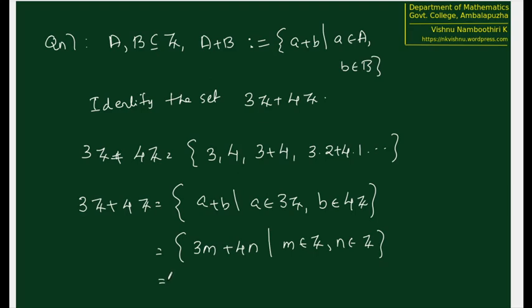But we have just seen that this is nothing but equal to d into Z, where d is the GCD of 3 and 4. What is the GCD of 3 and 4? This is equal to 1, because we have already seen that if we choose a positive integer n, then n and n plus 1 have GCD equal to 1. Therefore this is equal to 1Z. But what is 1Z? This is equal to Z itself. So 3Z plus 4Z is nothing but Z itself.